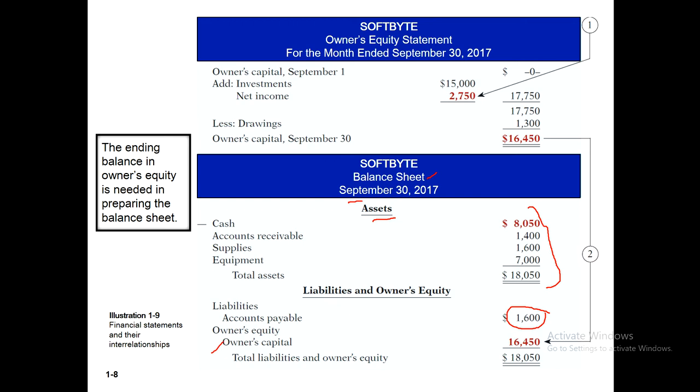That means the owner's capital, this figure. So after addition we get this figure. This is the total liabilities and owner's equity, and this is the total assets. That means the two sides balance, the two sides are equal. So in this way we prepare the balance sheet.